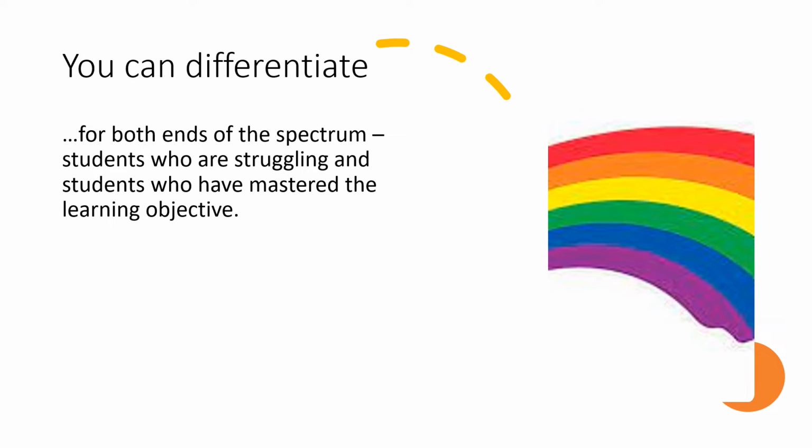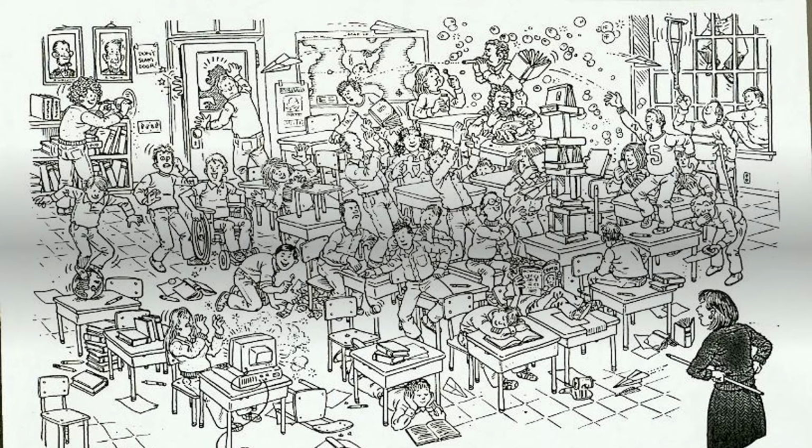Differentiating for the advanced students allows them to continue to learn. I like this cartoon because it depicts what most teachers think of as differentiating. Why aren't you differentiating? However, be reassured that it doesn't have to be like this.